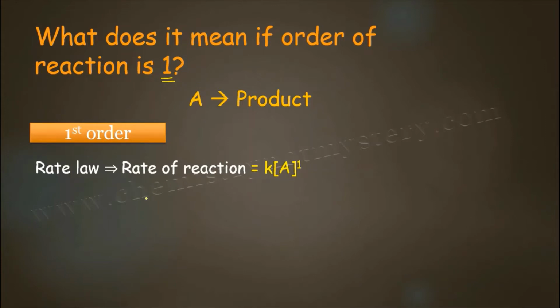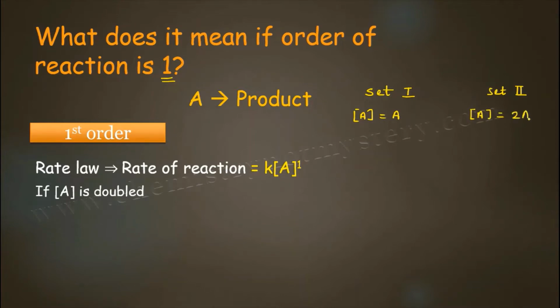So if in this case we double the reactant concentration, let's find out what will happen to the rate of reaction. This is set 1 and this is set 2. In set 1, we have taken the reactant concentration equal to A. And for set 2, we have doubled the reactant concentration, so the concentration of A will become 2A.